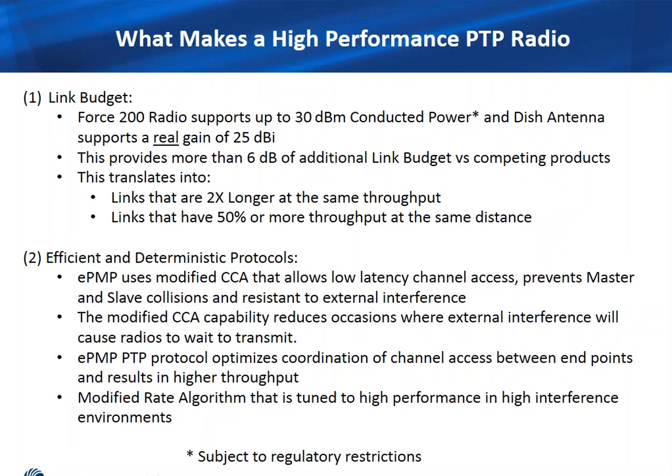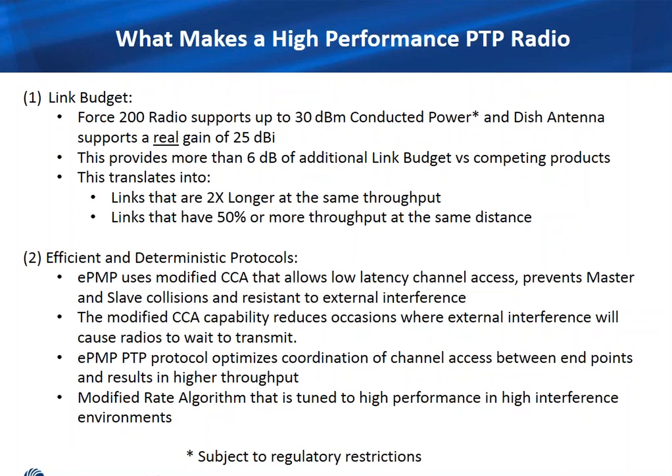When you look at other products in this category, oftentimes they really don't operate up to their rated specs, but all of the ePMP products do. And so when you compare the Force 200 with other products like this, what you're going to find in practice is that there's an additional 6 dB of link budget in this product as compared to others.